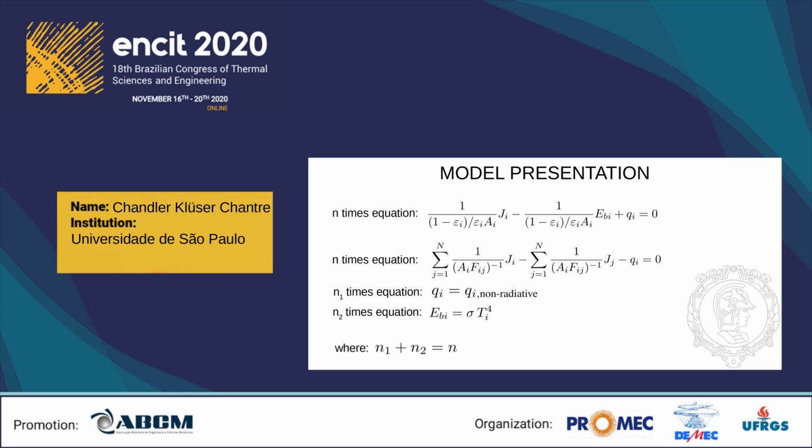It is a kind of boundary condition that, in this work, is defined as load. The loads can be represented by prescribed heat fluxes or prescribed temperatures. The n1 equations represent the heat flux loads, and the n2 equations represent the temperature loads.